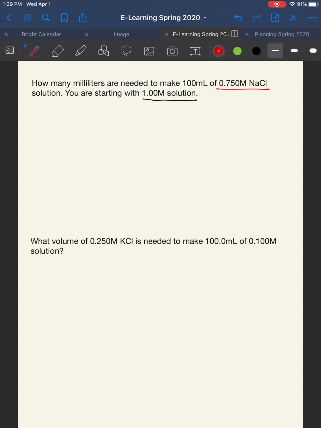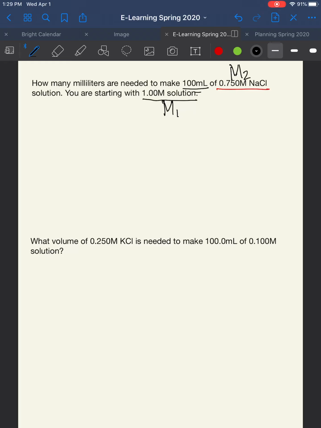In this question it says you are starting with a 1 molar solution. So this is my M1, my starting molarity, and my desired molarity after dilution is the 0.75. So that's my M2. Then it asks how many milliliters are needed to make 100 mLs of the 0.750 molar sodium chloride solution.